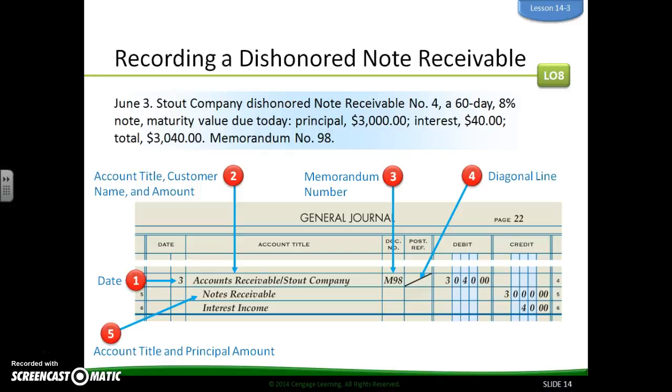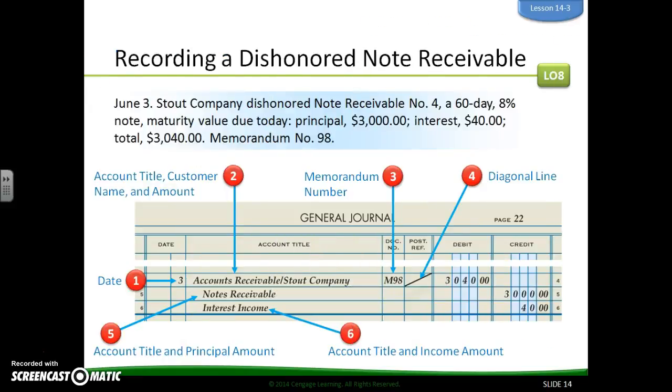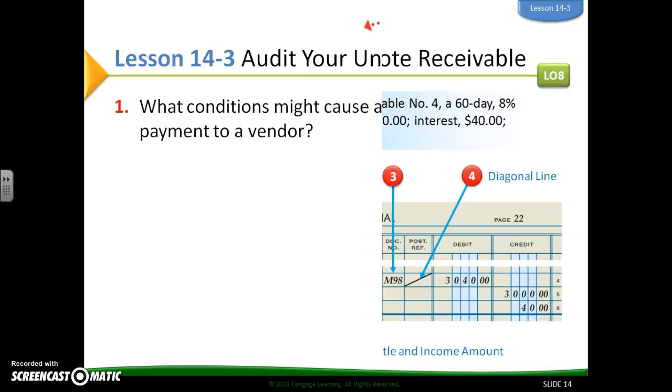Our note receivable of $3,000 and our interest income of $40 are going to be credited then. And then again, this note was dishonored. It wasn't paid when it was supposed to be paid, so that's why we want to note this.